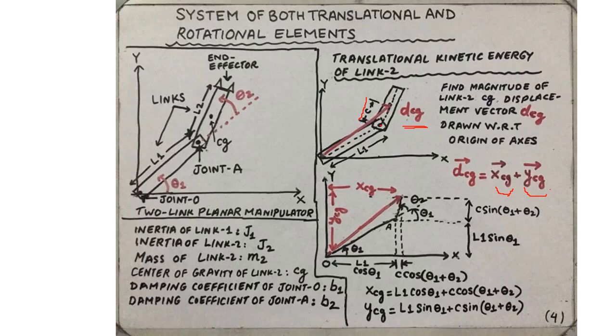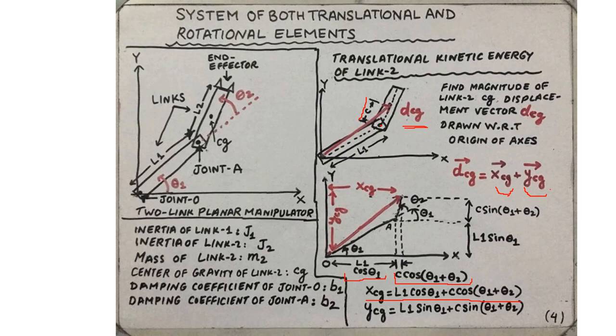We find that the x component of this position vector is a sum of L1 cosine θ1 plus c cosine (θ1 plus θ2), by doing some simple geometric and trigonometric calculations. So xCg is L1 cosine θ1 plus c times cosine (θ1 plus θ2).